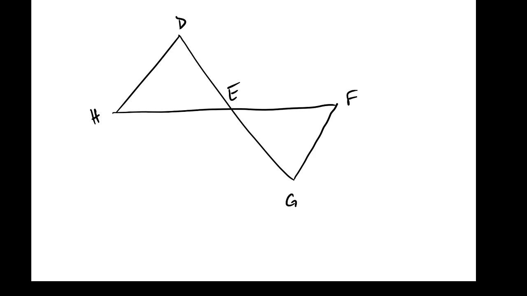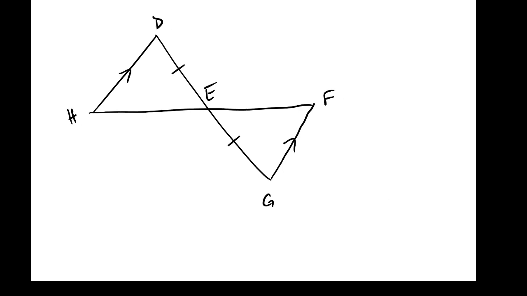All right, so here's what's given to us. We have these two sets of sides that are going to be parallel, and these two sets of sides that are congruent. Okay, so here's our given. We are given that DH is parallel to FG.